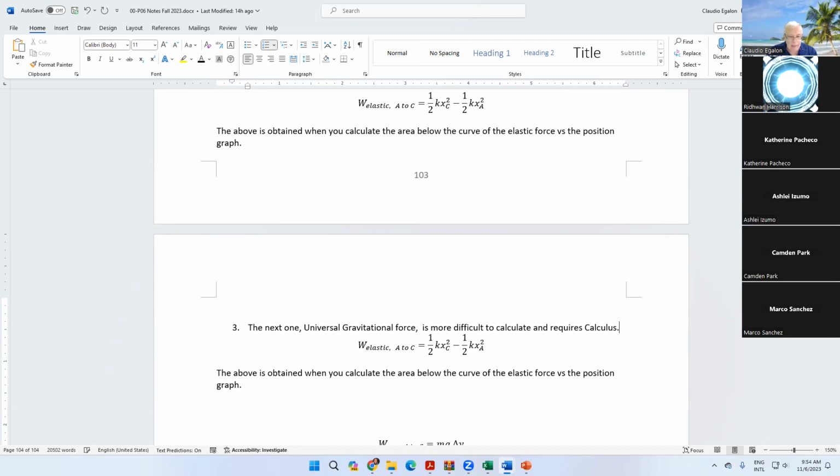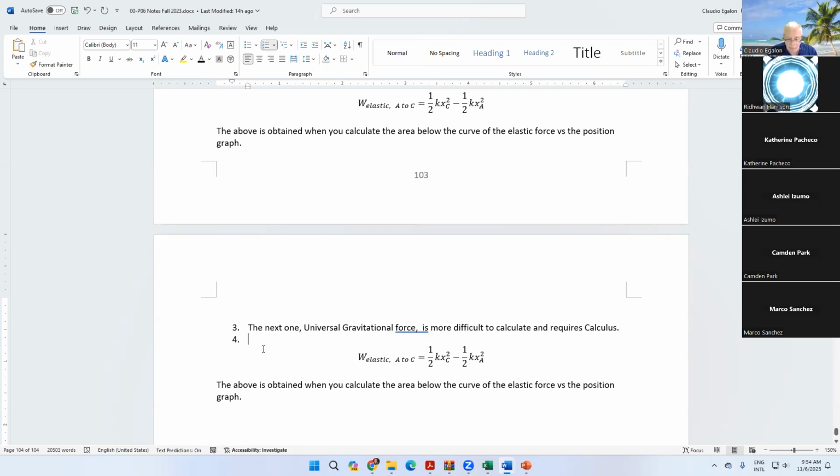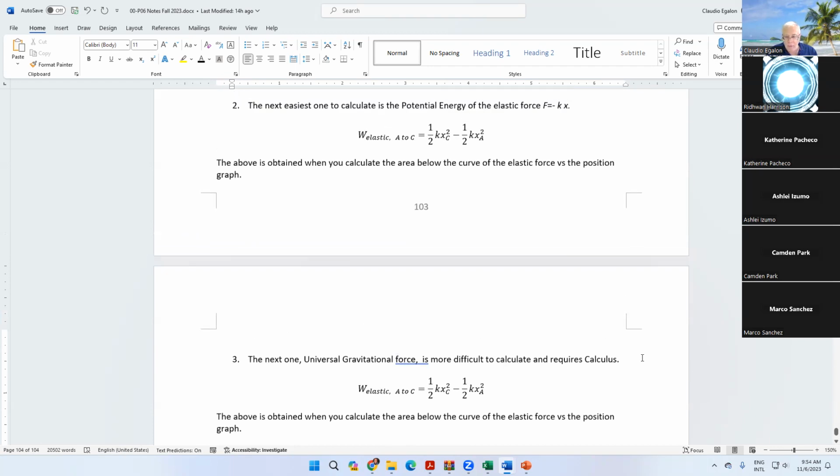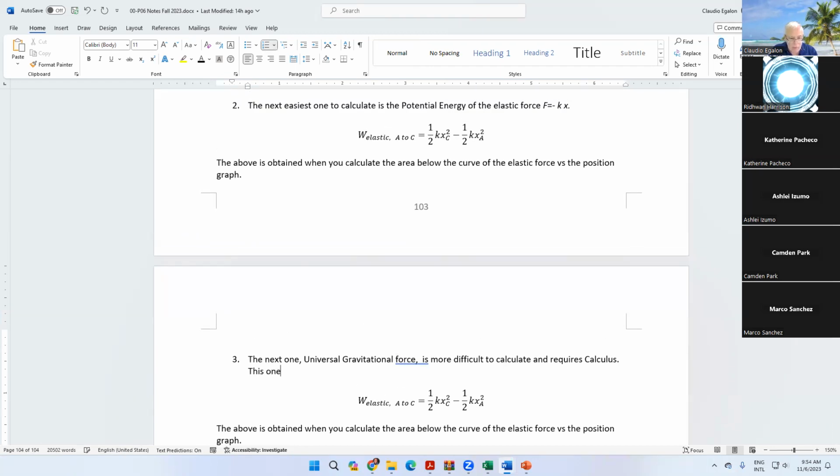Don't forget that you have to memorize this one. Universal gravitational, UG stands for universal gravitation. Universal gravitational force, I'm going to put UGF.